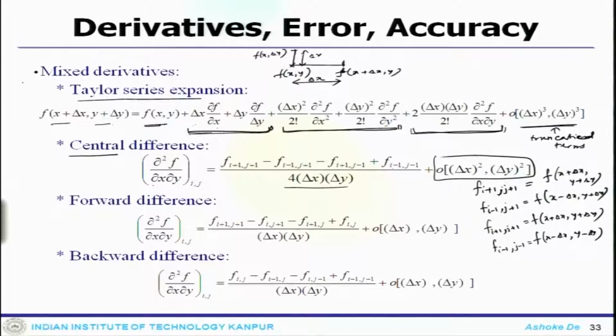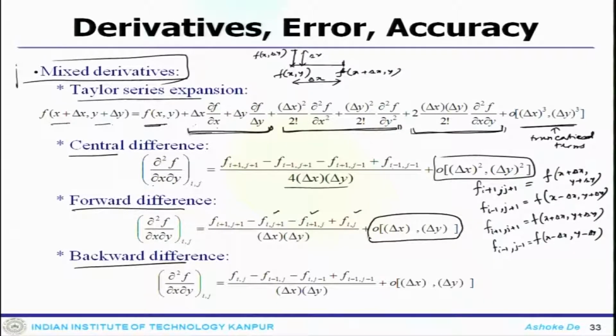Even for mixed derivative, central difference is second order. While if you look at forward difference and backward difference, that will retain f(i+1,j+1) minus f(i,j+1), f(i+1,j), f(i,j), but it is a first order accurate system.